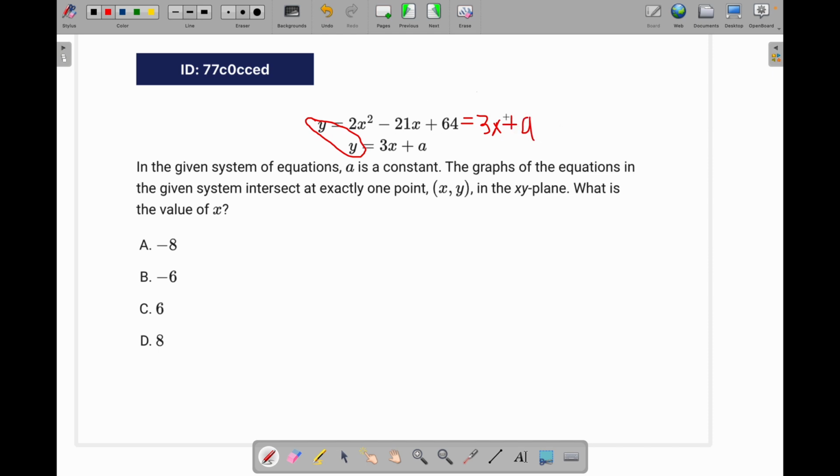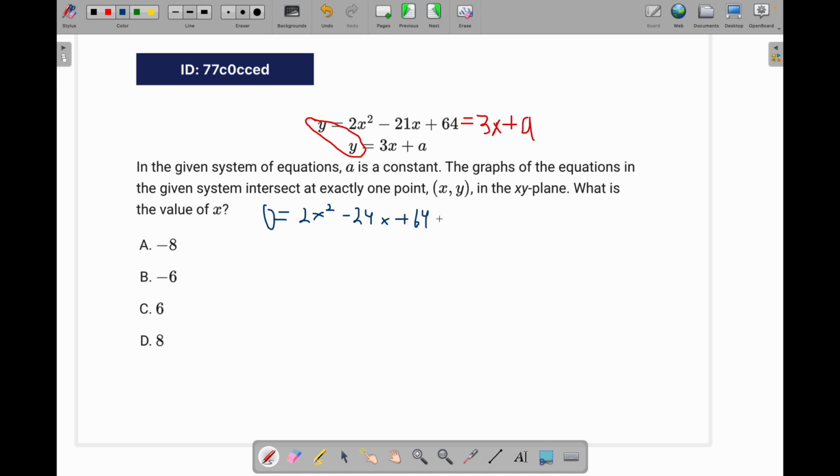And when we do that, you're going to get 0 equals 2x squared minus 24x plus 64 minus a.